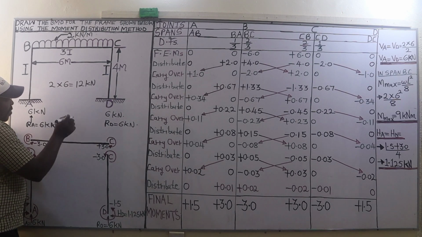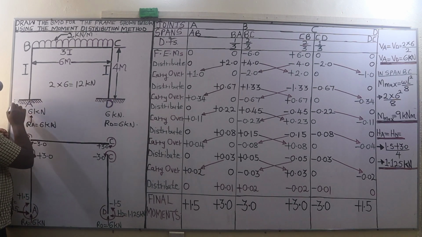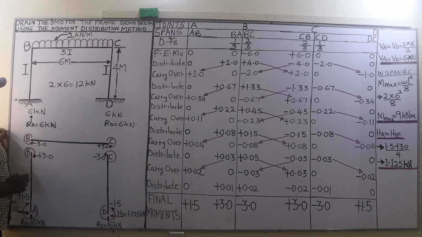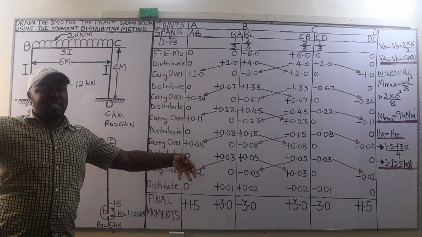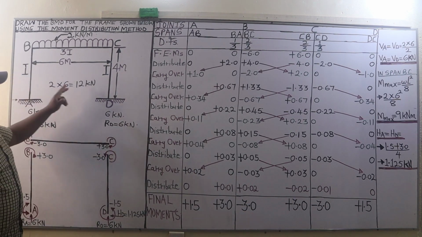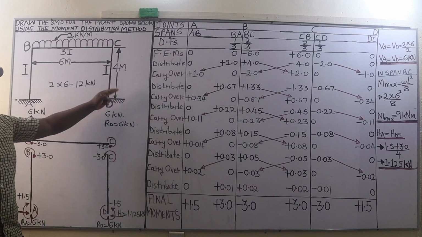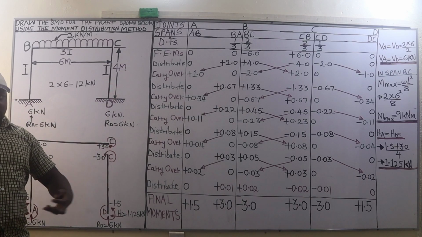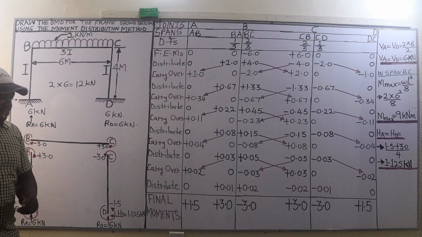Good. Then we need what we call horizontal reactions, because of the external loads that are acting on these two columns to prevent sway or translation in any direction.